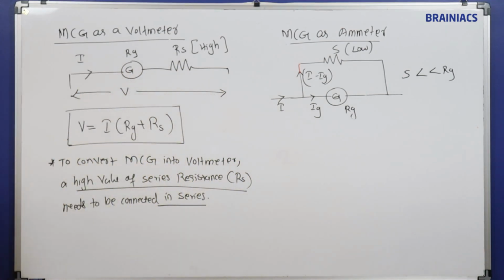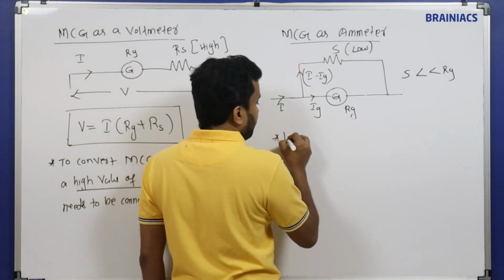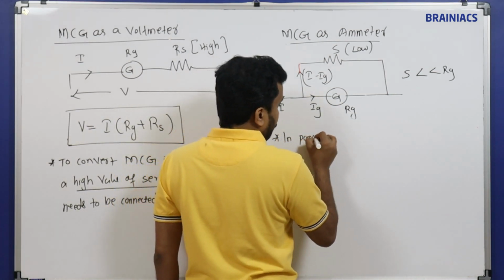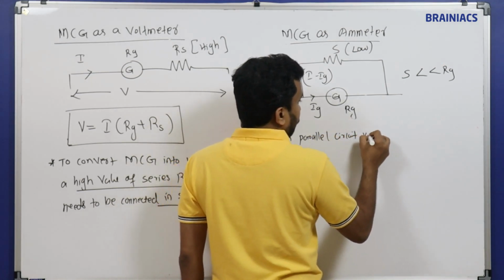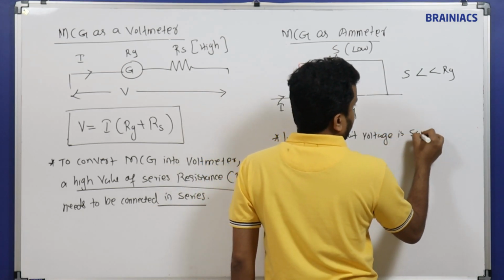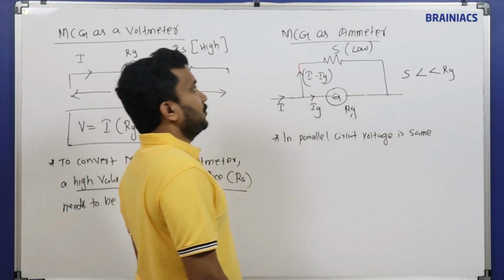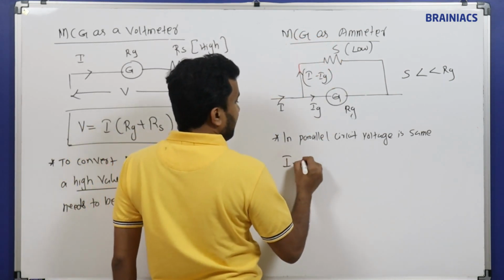Now, based on the concept of voltage, we know in a parallel circuit the voltage is the same. So two parallel circuits, this is one circuit and this is another circuit. Voltage means current into resistance.